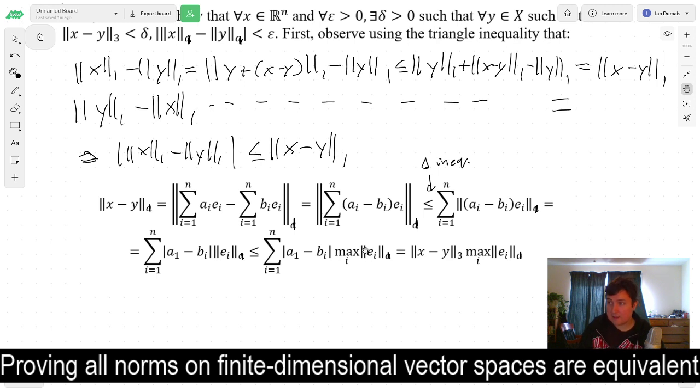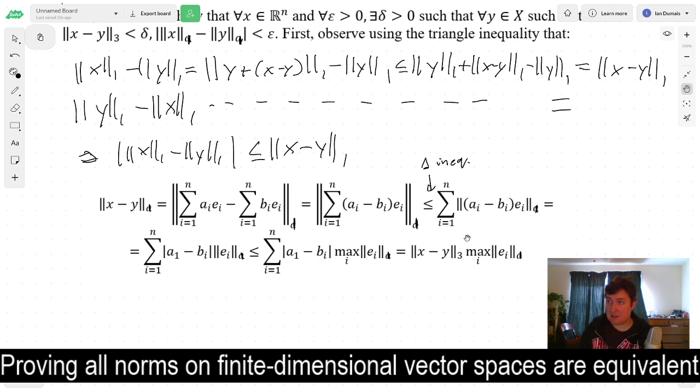But what that means is we can pull out this number, this max that is in every piece of this sum. We can pull it out, and what we're left with is a sum of absolute values of numbers. This is the same as the norm 3 of x minus y. These were our x coefficients, these were our y coefficients.